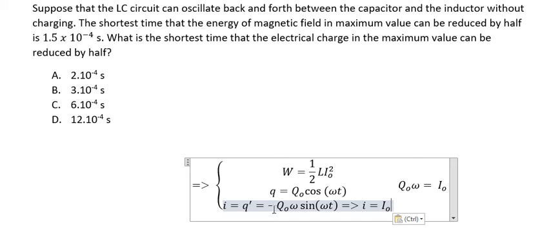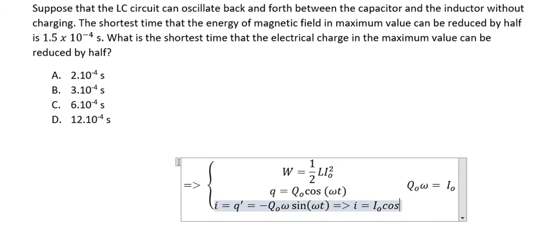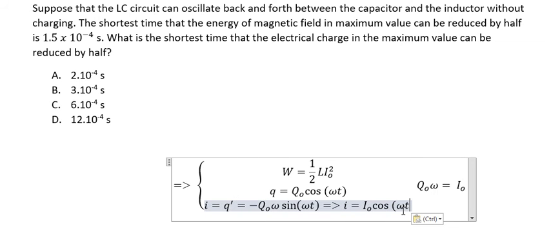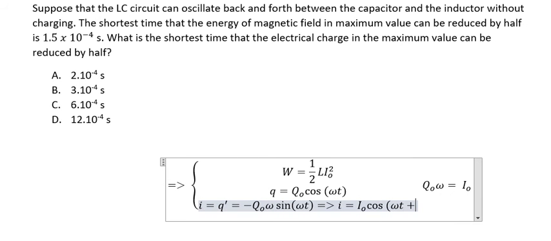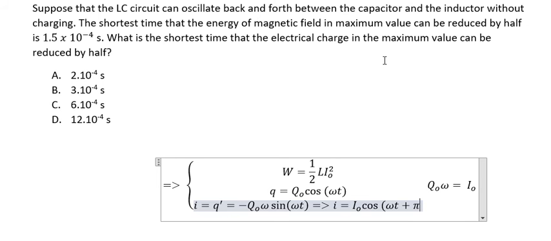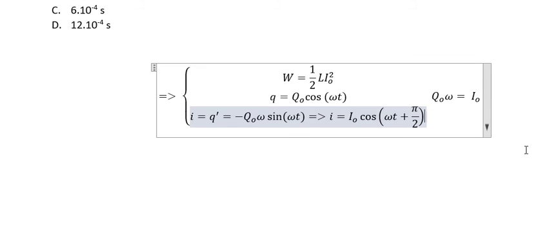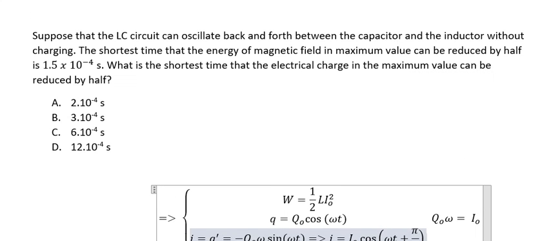Because we have the negative here, we put the negative back into the trigonometry, and we get cosine of omega t plus pi/2. So we will use these formulas to find the answer.